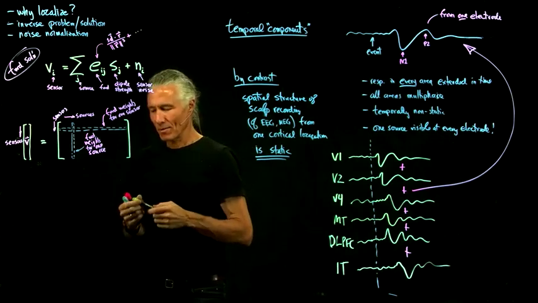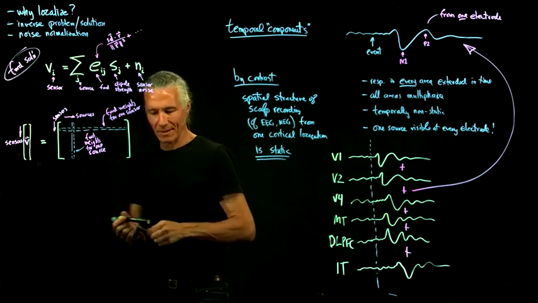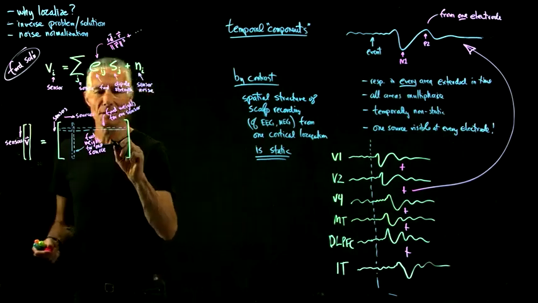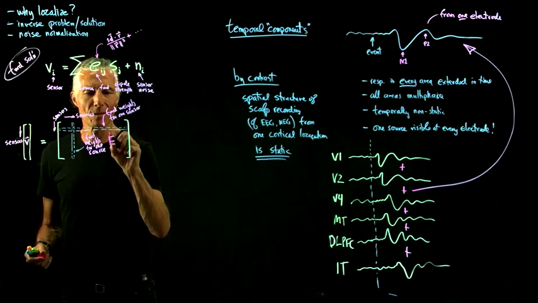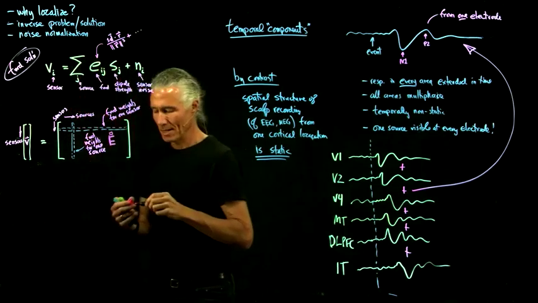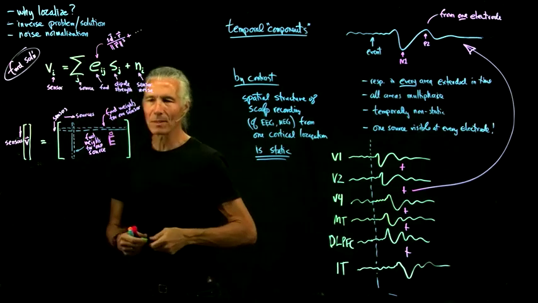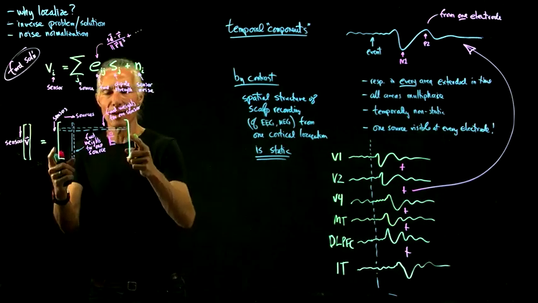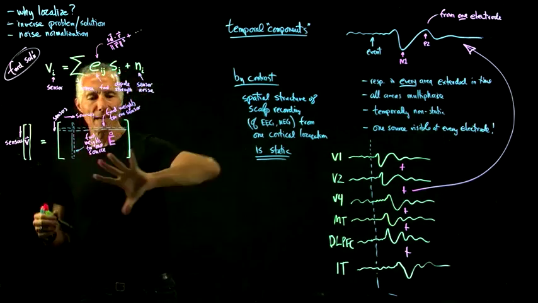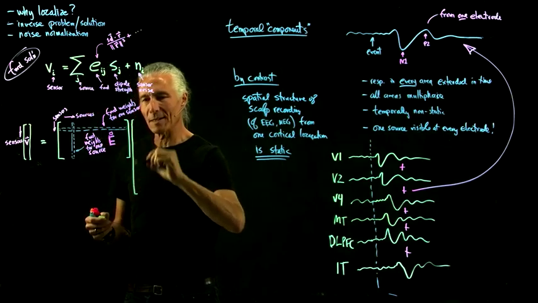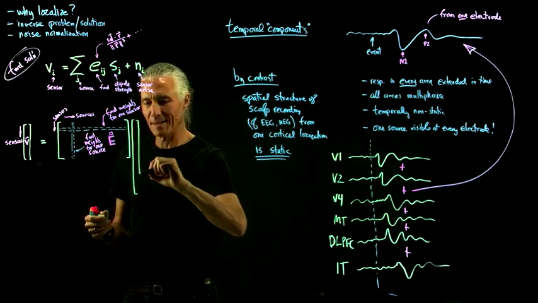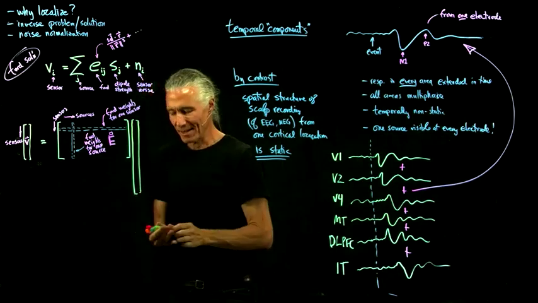Okay, and so this guy we'll call the E matrix. That's our electrical forward solution matrix. And then we're going to be multiplying by a long vector. So there's going to be a vector like that long, and those are our sources. And I didn't draw it long enough, because like I said, there's 10,000 of those.